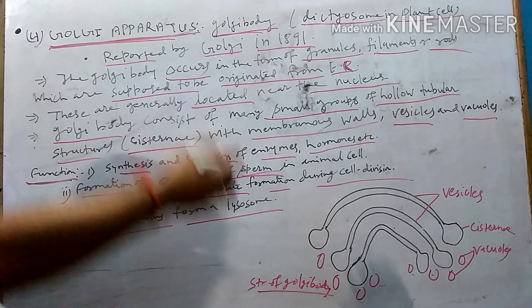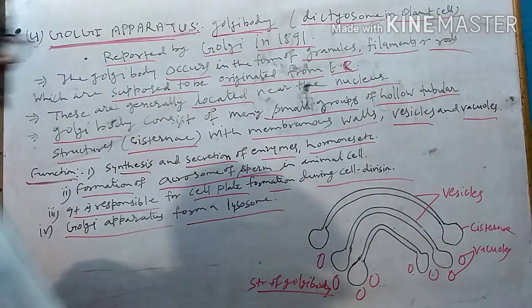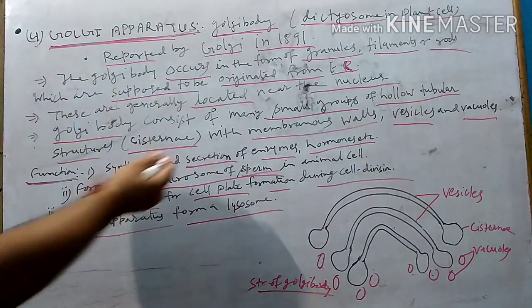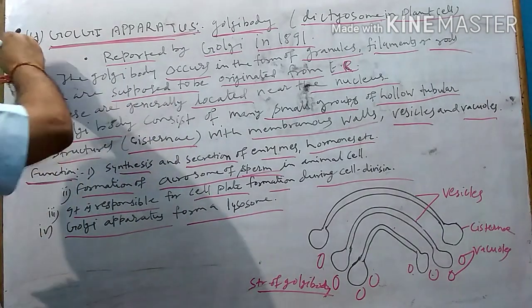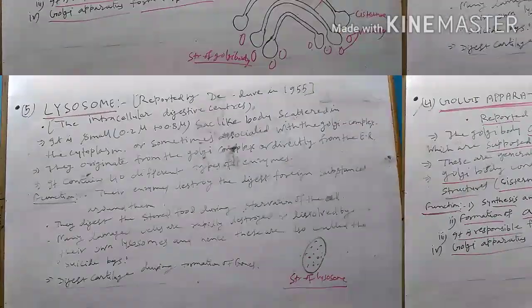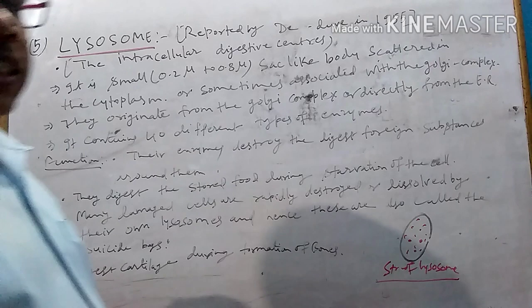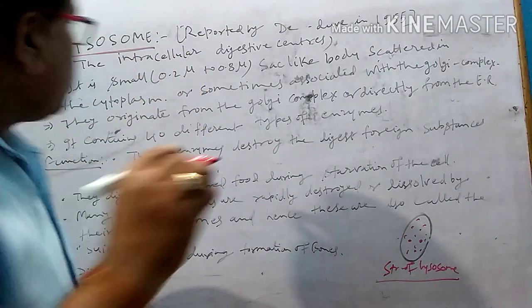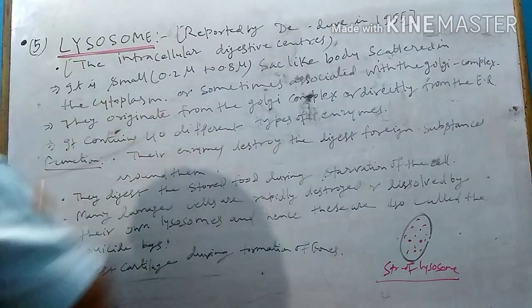So this is the structure and function of the Golgi body or Golgi apparatus or dictyosome in plant cell. The next cell organelle is lysosome, the fifth cell organelle.